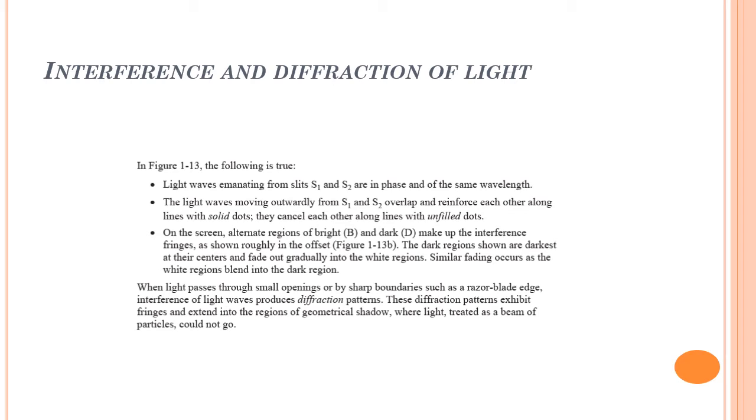When light passes through small openings or by sharp boundaries, such as a razor blade edge, interference of the light wave produces diffraction patterns. These diffraction patterns exhibit fringes and extend into the regions of geometrical shadow where light treated as a beam of particles could not go.